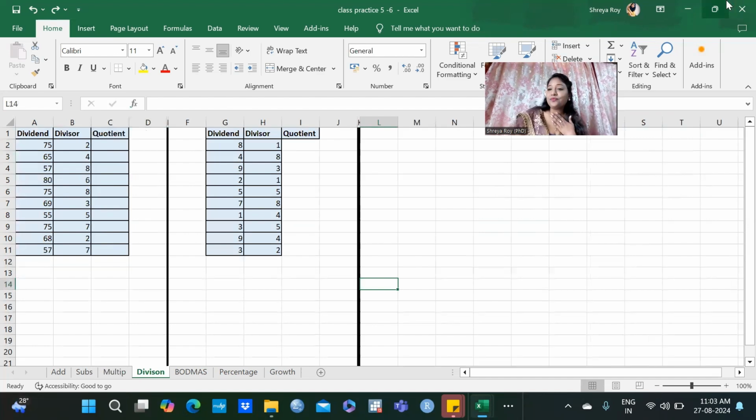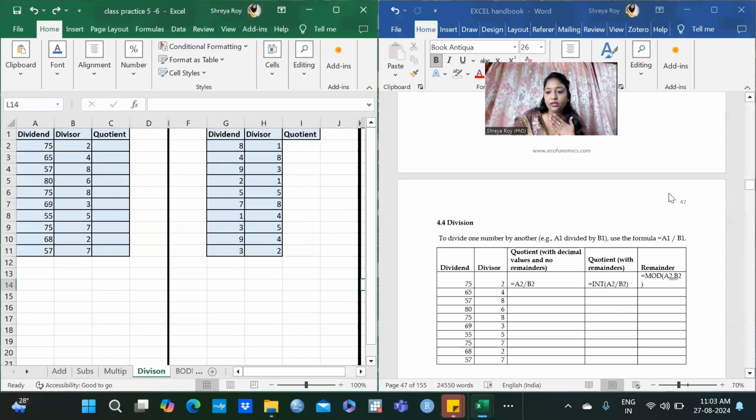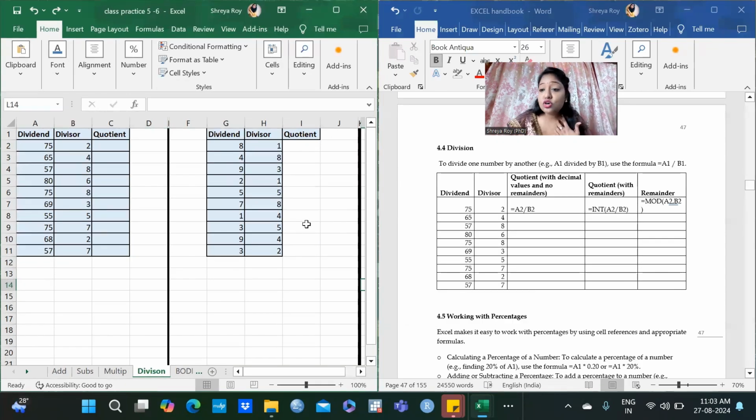Okay. So now let's move to divisions. For division, there are two methods. I know so far we have been learning two methods. But for division, when I say there are two methods, I mean in real life, when we do mathematics using pen and paper, even then we have two methods.